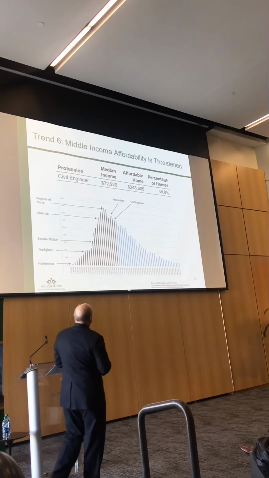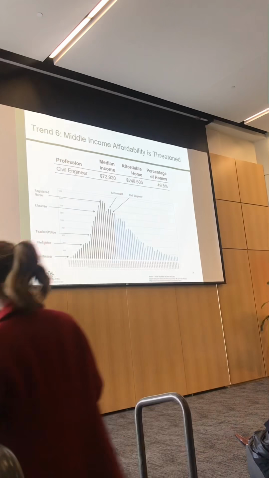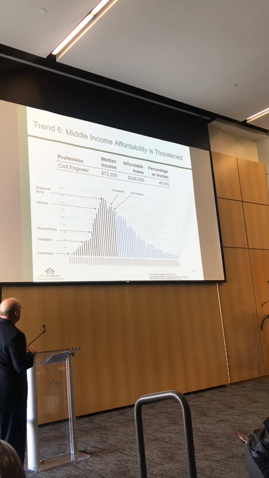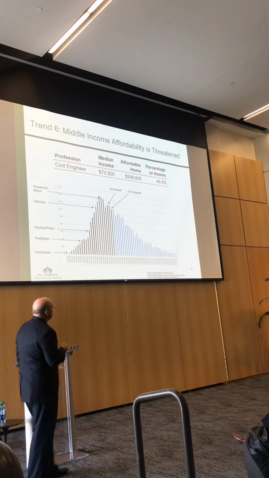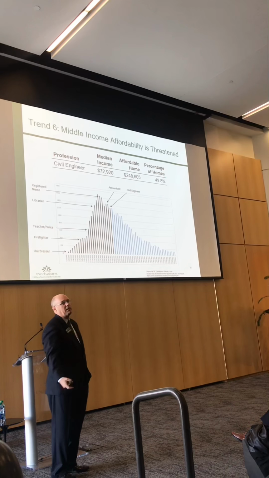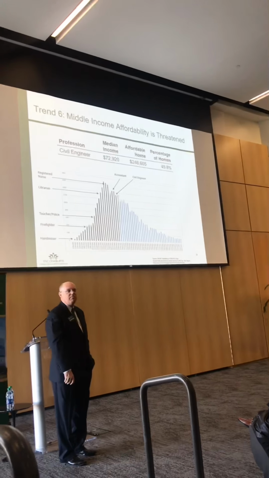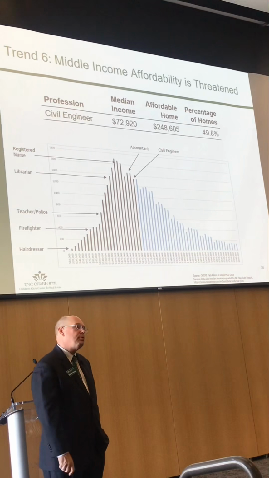Go up to a civil engineer as opposed to an uncivil engineer. Pleasant engineer, I like to think. So 72,000 median income, affordable home up to about 240,000. Put this in here because that gets you to about 50%. Then buy the median home. So basically, to be a civil engineer, you need a master's degree to buy the median home, and pretty high tech.